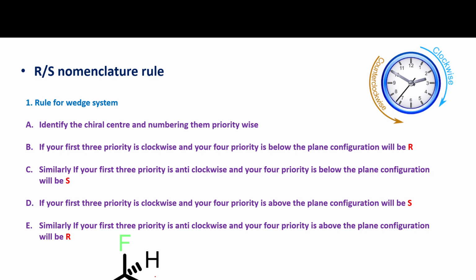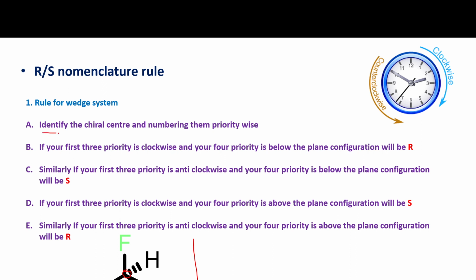So now the RS nomenclature, how we name this molecule, whether the chiral center is R or S. You already know about a chiral center: it must be a non-superimposable mirror image, so its mirror image can never be the same as the original.